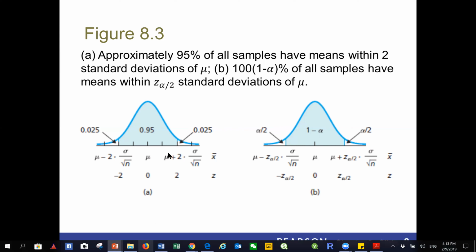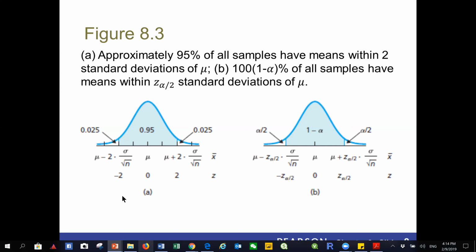Then you plug Z equals X bar minus mu over sigma over square root n in there, and multiply by sigma over square root n on all sides, then rearrange it, and eventually it becomes mu in the middle: mu less than X bar plus 2 sigma over square root n, and mu greater than X bar minus 2 sigma over square root n as a lower bound.